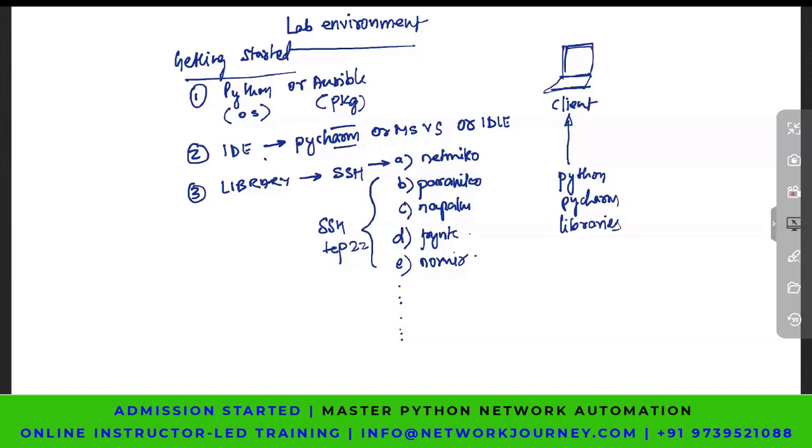This is a package which you install. On the other side, you would have, let's say, switches, firewalls, routers, right? And you would be considering taking SSH. So that is the prerequisite, that you should have SSH connectivity between the client machine and the target devices.